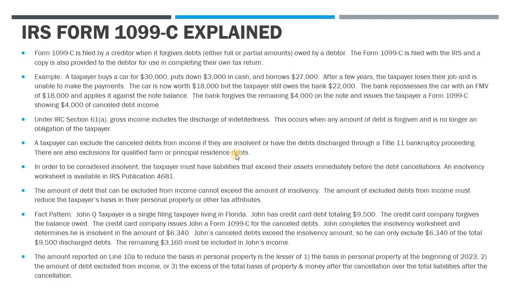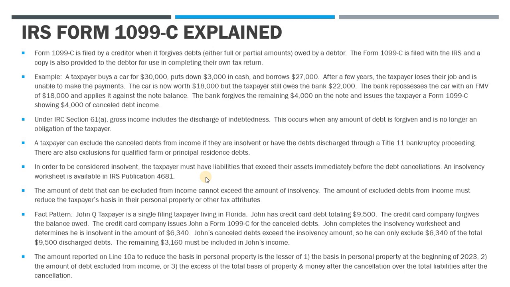Now, if we look at the insolvency exception, which is what we're going to have with this example, you need to complete an insolvency worksheet. Now, the worksheet's not filed with the IRS, so you do it on your own behalf, keep it with your records. But you can find this insolvency worksheet, which is what we're going to look at, in IRS Publication 4681. All right.